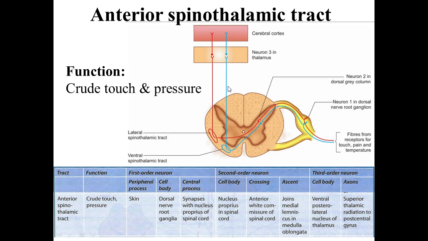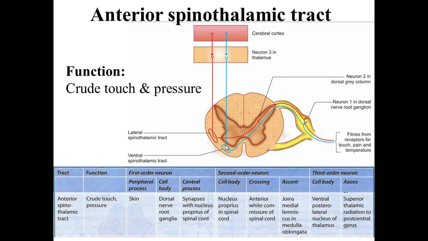Then these fibers ascend up to the thalamus, and in the thalamus these fibers synapse with the thalamic nuclei. Now which thalamic nuclei? The ventral posterolateral nucleus of thalamus.